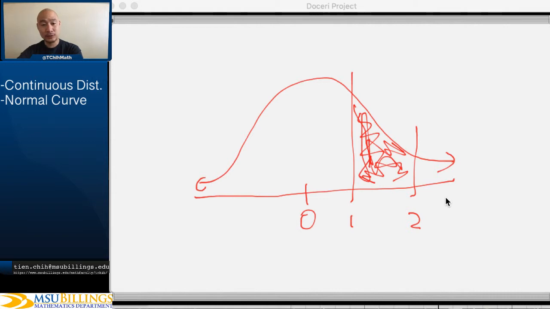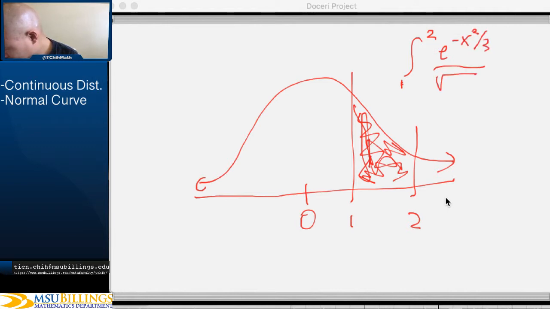Those of you who know a little bit of calculus might recognize this area as the computation of this integral. If you don't know calculus, don't worry, because we're definitely not doing this. And that's a 2, right, and not a 3.